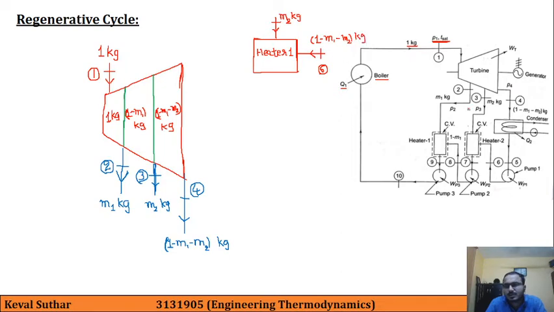So obviously, this was point number 3, and then once these two are combined, here this will be our point number 7. And once these two are combined, the quantity of mass which is going is 1 minus m1 kg.